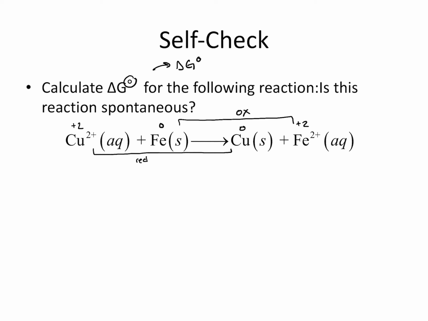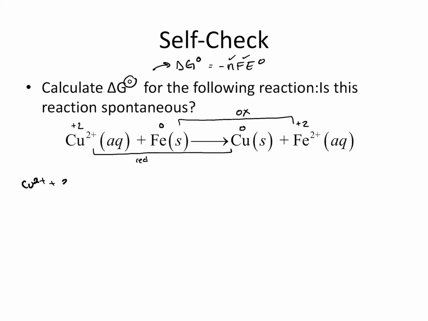So then, if you want to calculate Gibbs free energy, what equation would I use? Delta G naught, this means that under standard conditions, is negative NFE naught. So if you're using the standard Gibbs free energy, you also use the standard cell potential. Faraday's constant is a constant. N is the number of moles of electrons. So then E you have to calculate. So I need to write my two half reactions.